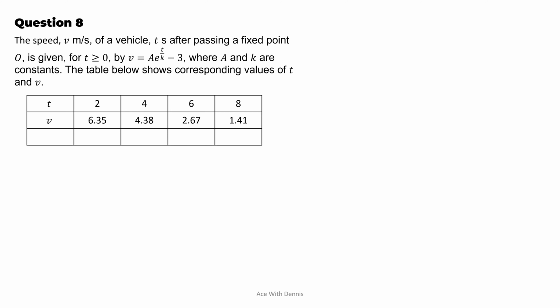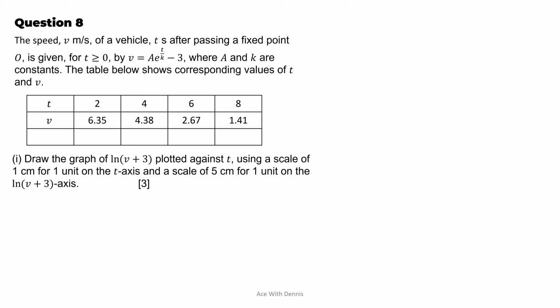Alright, now let's answer the first question. To draw a graph of ln v plus 3 plotted against t using a scale of 1 cm for 1 unit on the t-axis and a scale of 5 cm for 1 unit on the ln v plus 3 axis. 3 marks. Before we draw the graph, first we have to calculate ln v plus 3.